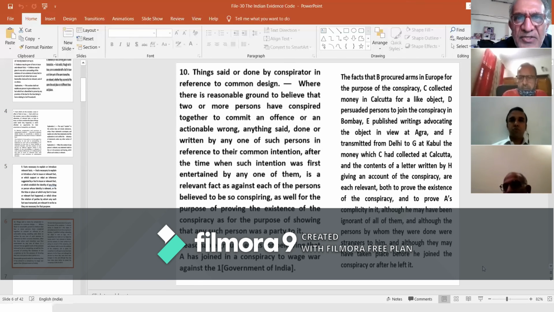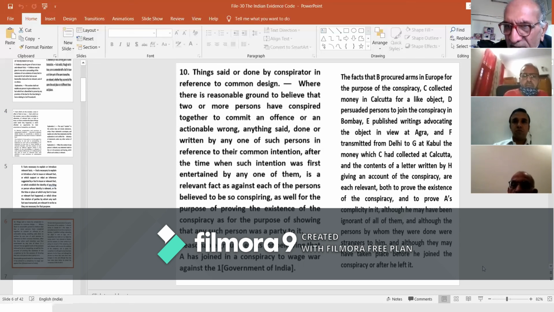And therefore, Section 10 says, where there is reasonable ground to believe that two or more persons have conspired together to commit an offense or an actionable wrong, anything said, done, or written by any one of such persons in reference to their common intention, after the time when such intention was first entertained by any one of them, is relevant.